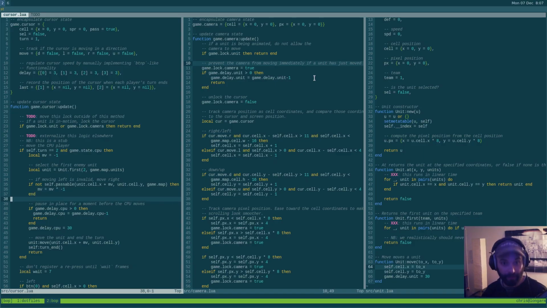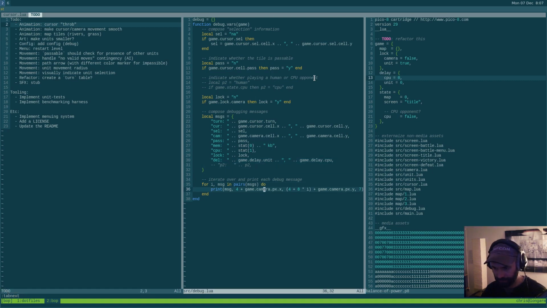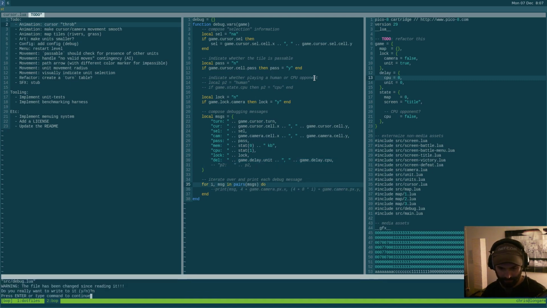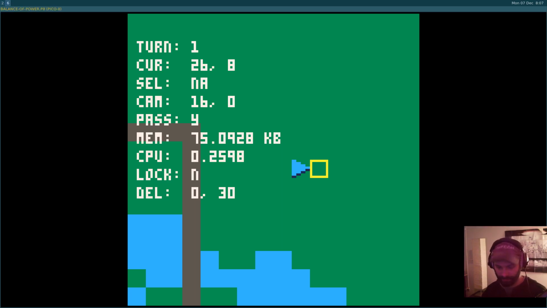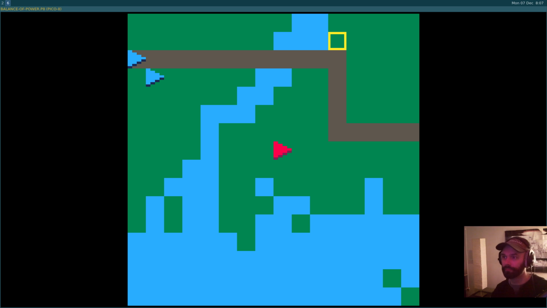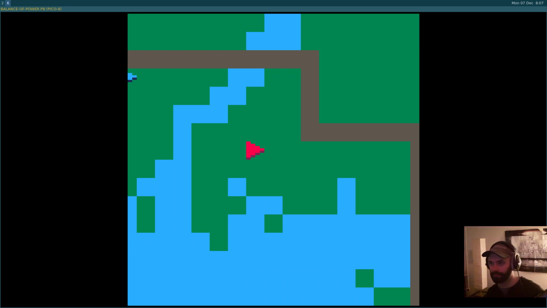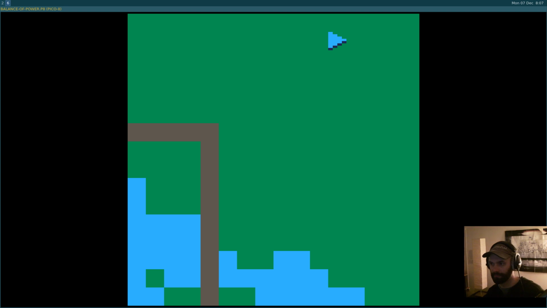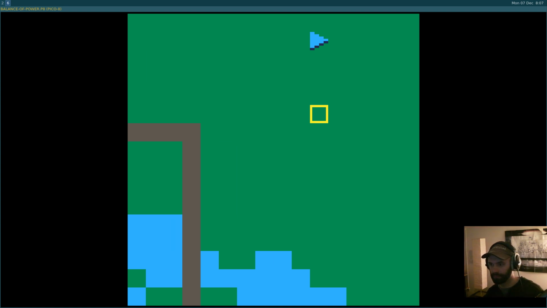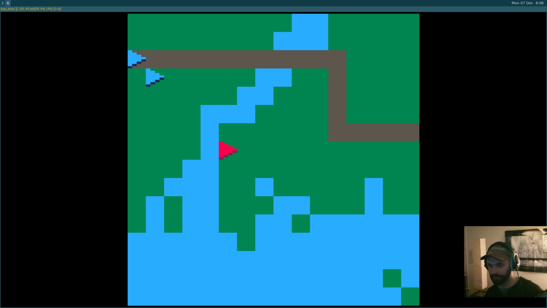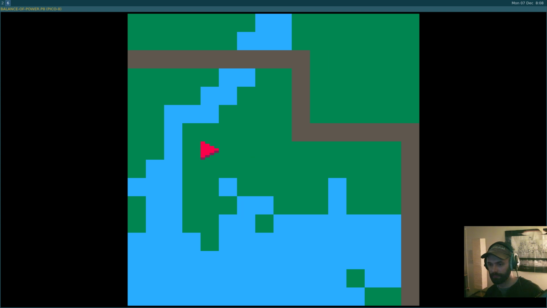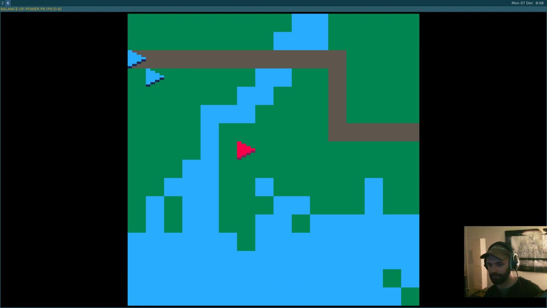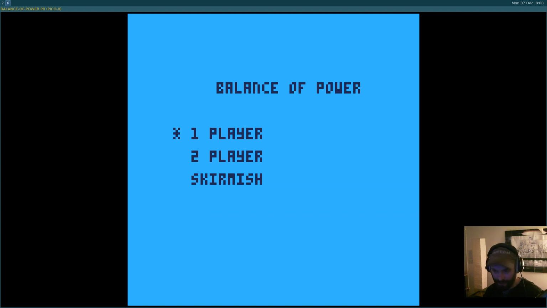Start off our debugging real quick. I just want to see what that actually looks like. Did that not work the first time?